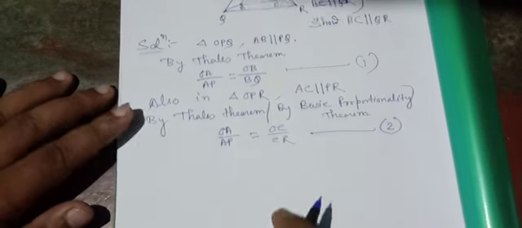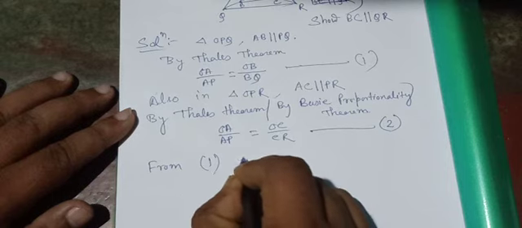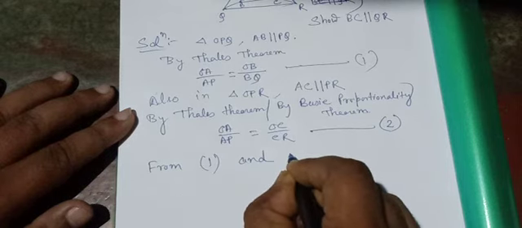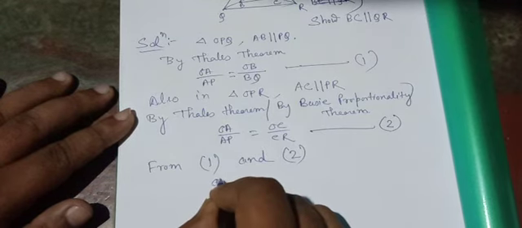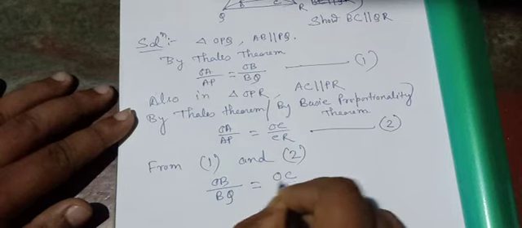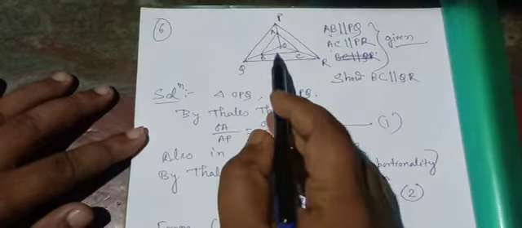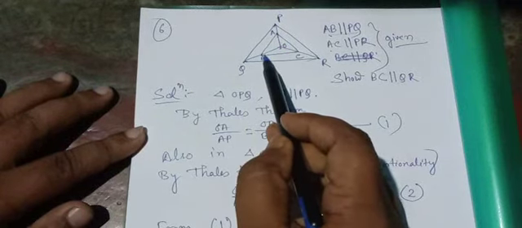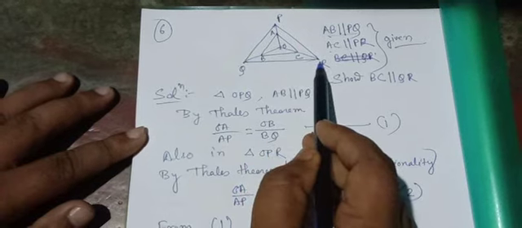From 1 and 2, we can write that OB by BQ equals OC by CR.